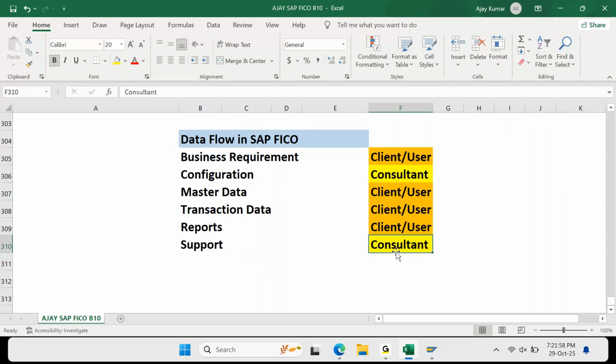Right, sir. Now, is configuration to be done directly or not to be done directly? It is not to be done directly, right?